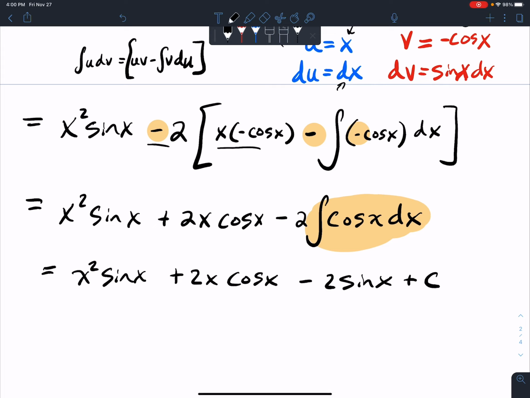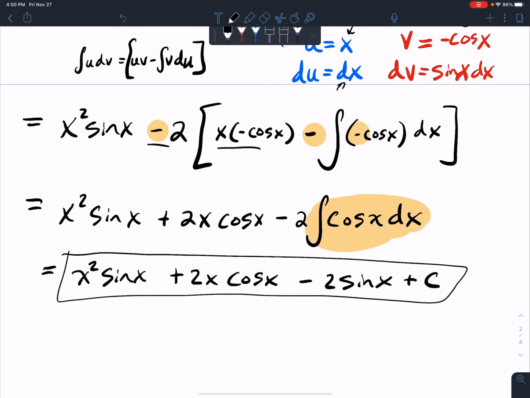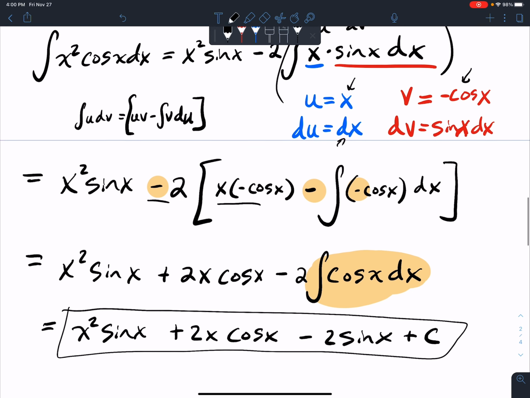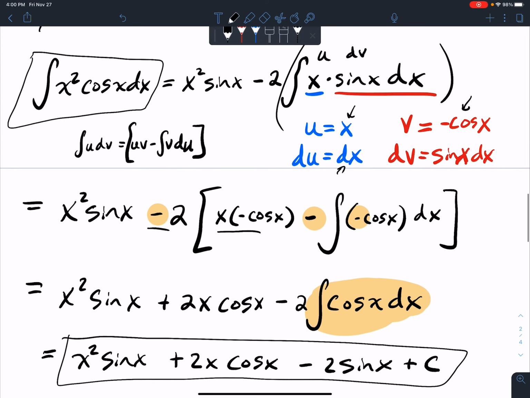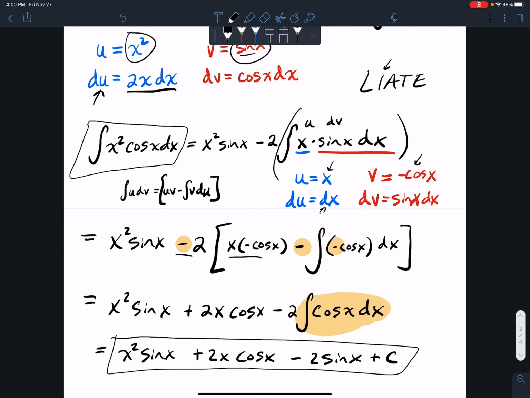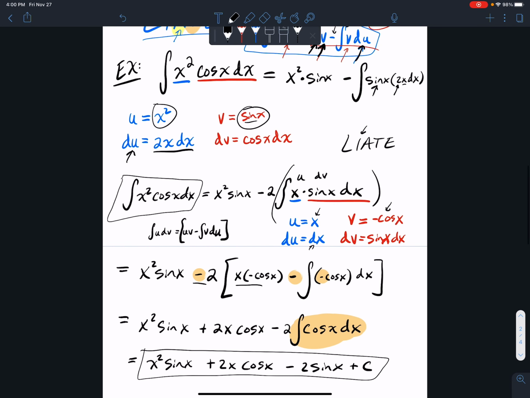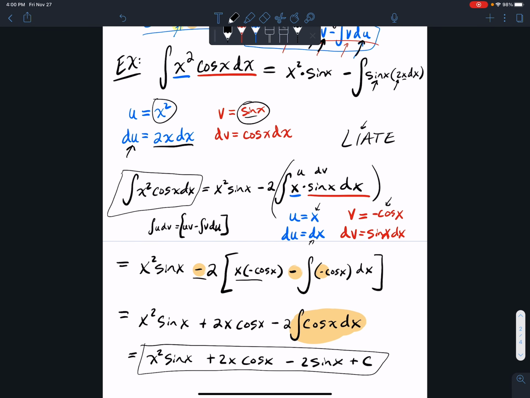So this is the integral of x squared cosine x dx. Okay, so that you can kind of see it in all of its totality here. All right, so that's 2 times going through integration by parts here.